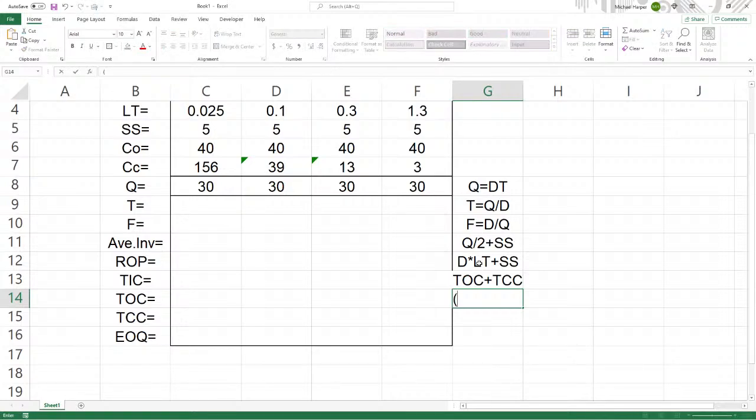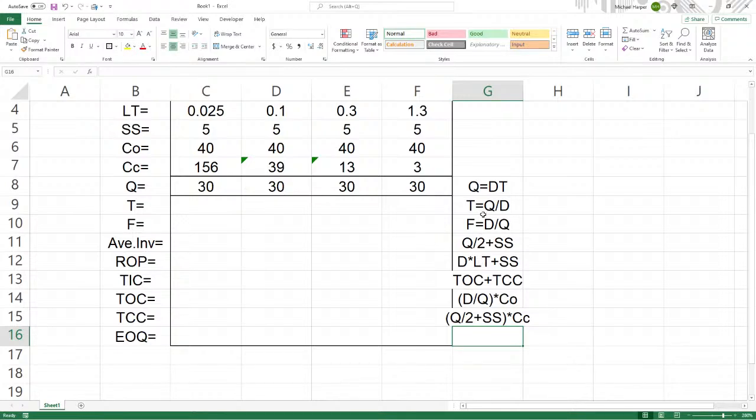TOC equals D over Q, which is the order frequency, times C sub O. Okay. The total carrying cost, down here is going to equal Q over 2 plus the safety stock times C sub C.